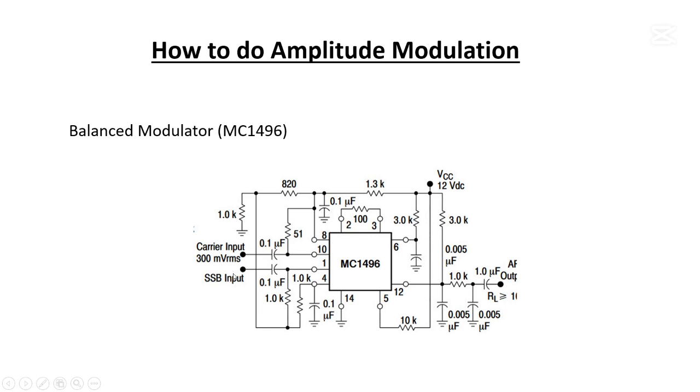So we have to input the message signal, we have to input the carrier signal. Okay, and in the output we can obtain a double sideband suppressed carrier, or we can obtain a single sideband.